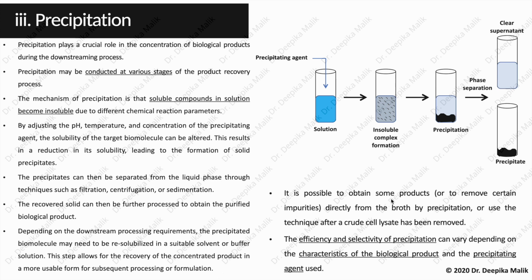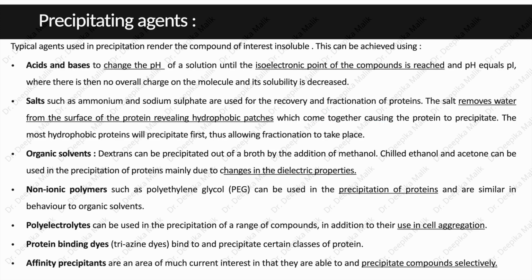It is possible to obtain some products or to remove certain impurities directly from the broth by precipitation, or use the technique after a crude cell lysate has been removed. The efficiency and selectivity of the precipitation can vary depending upon the characteristics of the biological product and the precipitating agent used.